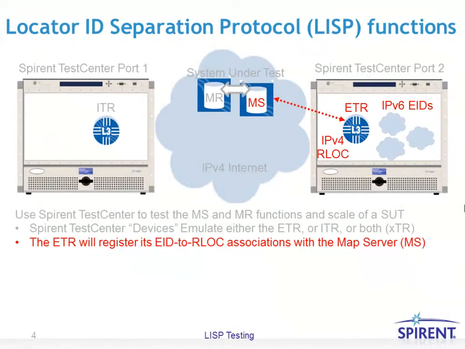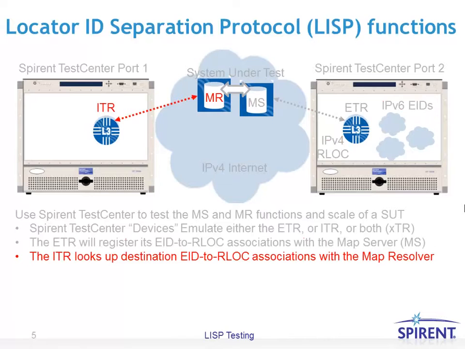The ETR will register its EID to RLOC associations with the map server. When necessary, the ITR will look up destination EID to RLOC associations with the map resolver. Those are the associations that were already registered by the ETR earlier.